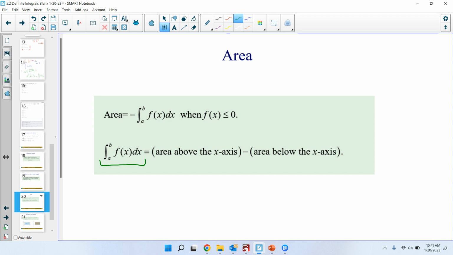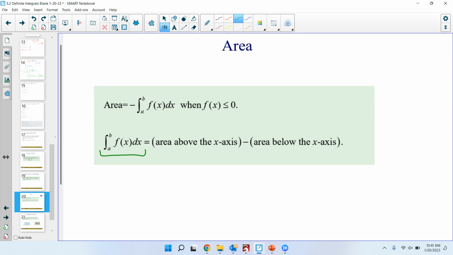Okay? So if you have a graph that looks like this, I don't know, let's pretend we know a graph that might look like that. Let's call it sine of x.